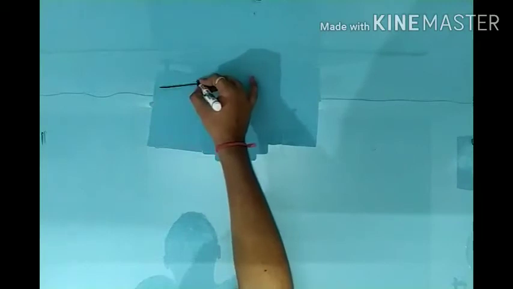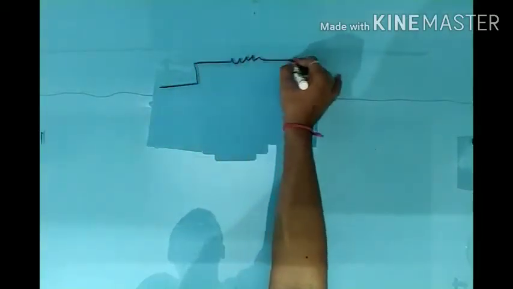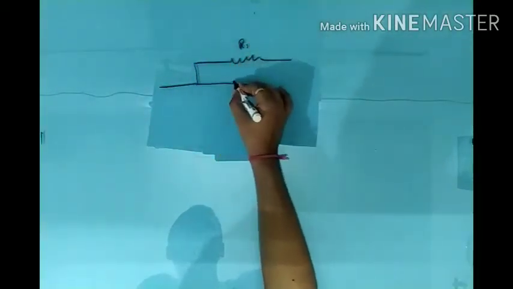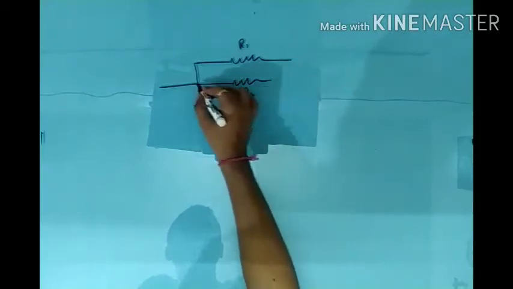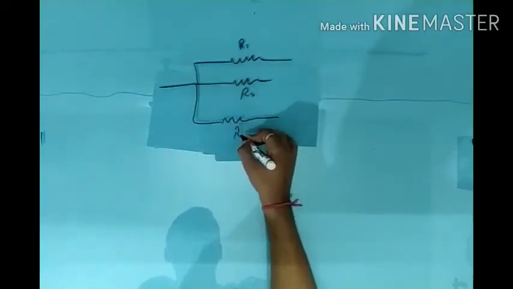Now we are going to derive the relation for parallel resistance. Suppose again we have three resistors, R1, R2, R3.